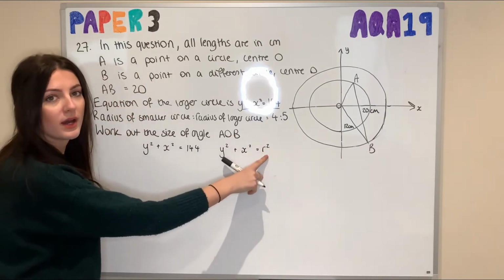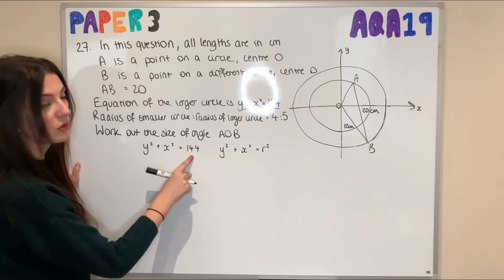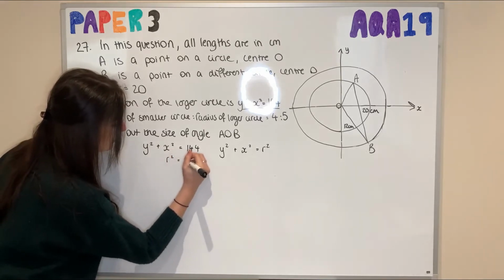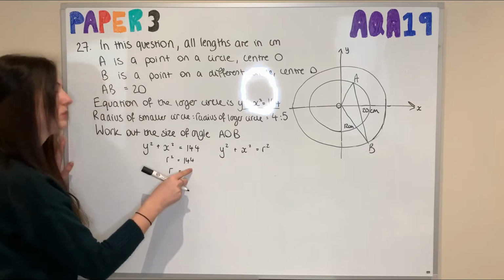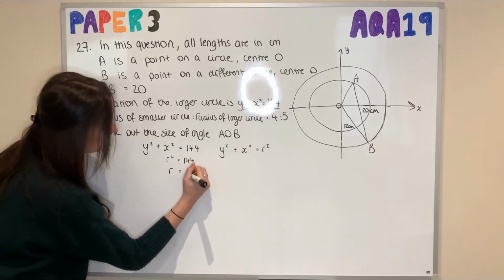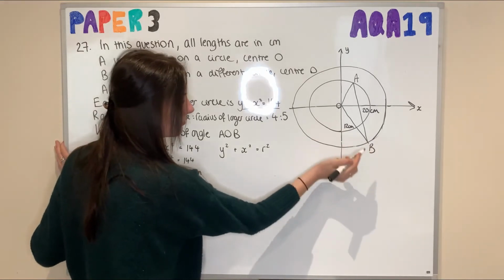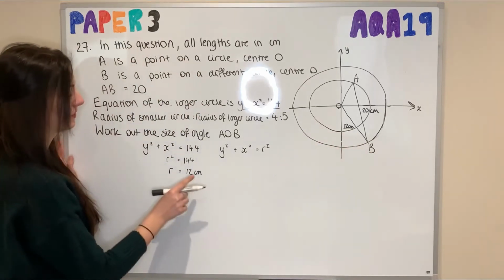Our r squared is the radius. So we know that our r squared will be equal to 144 in this case. So r squared equals 144. And then when we square root 144, we get 12 centimetres. So we know that the line from B to O will be 12 centimetres based off this statement.